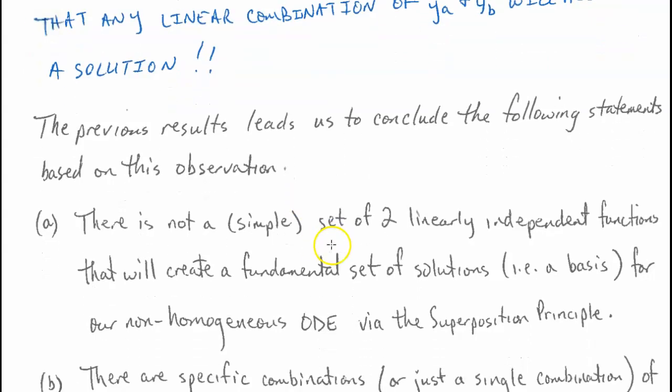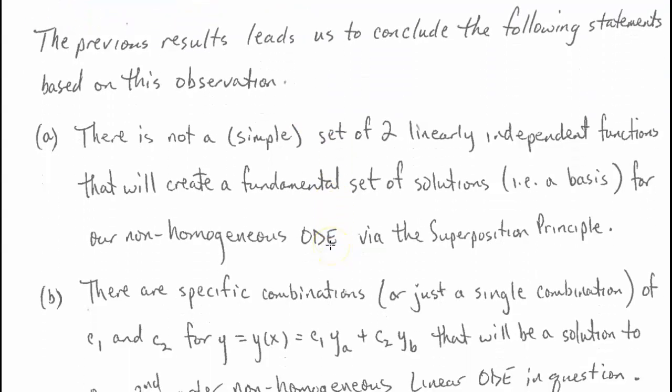The first thing that we realize from seeing superposition fail is that there is not going to be a simple set of two linearly independent functions that will create a fundamental set of solutions, aka a basis of solutions, for our non-homogeneous ODEs by way of the superposition principle. Okay, so we actually saw it.